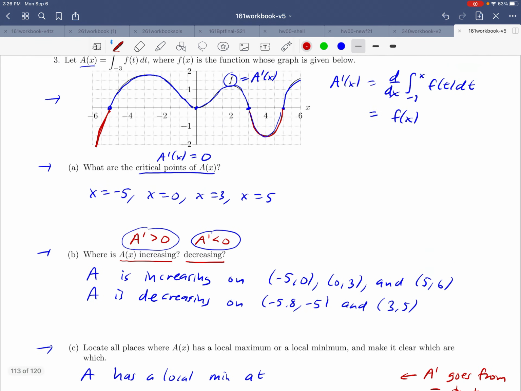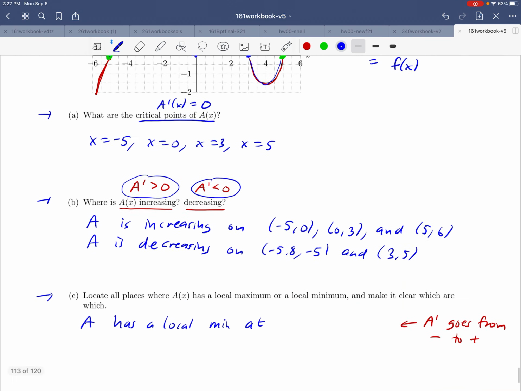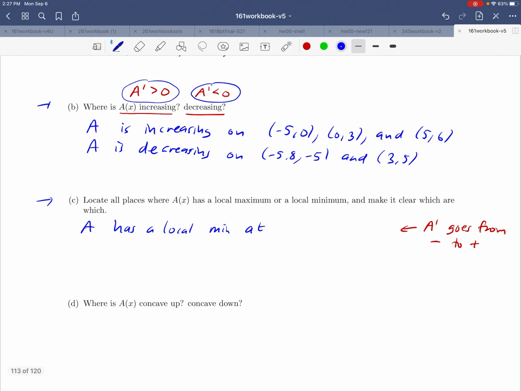So are there any points where that happens? Below to above, looks like here at -5. Our derivative graph is below to the left and above to the right, so that would be a place. And any other places like that? I see one more. At 5, we also go from being below to above. So looks like we've got two local min points, one at -5 and one at +5.